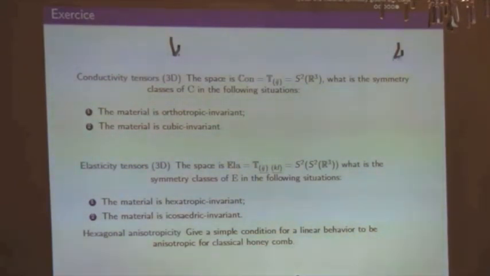You can make the computation, or use the Hermann theorem in a good way to conclude in two lines. The first line is, icosahedron contains 5-fold symmetry. If I choose one plane, 5 is greater than 4, so I'm sure that in at least one plane I'm transverse isotropic.